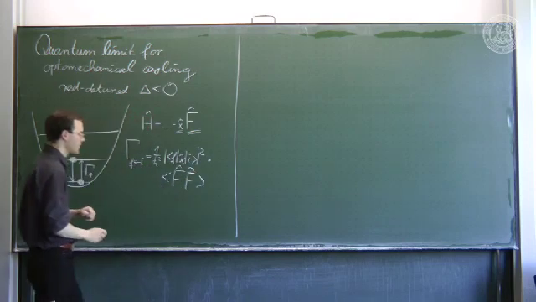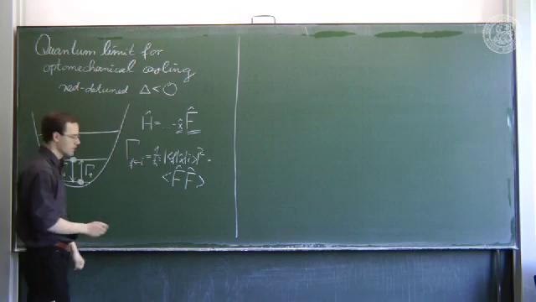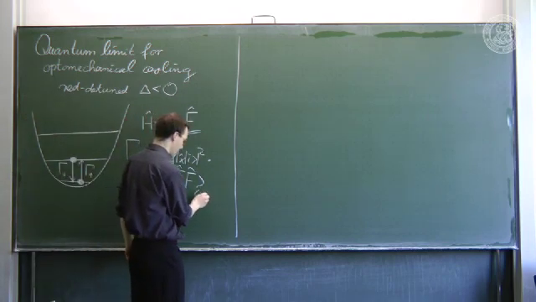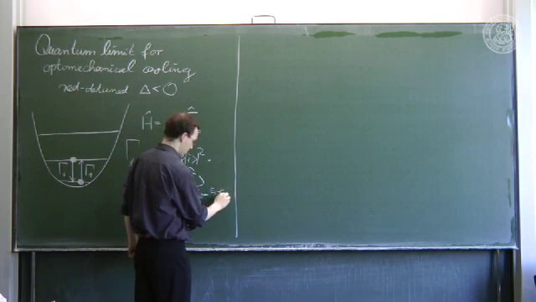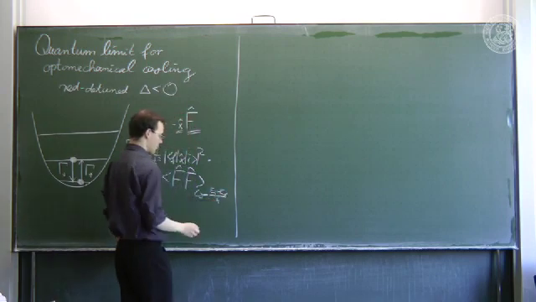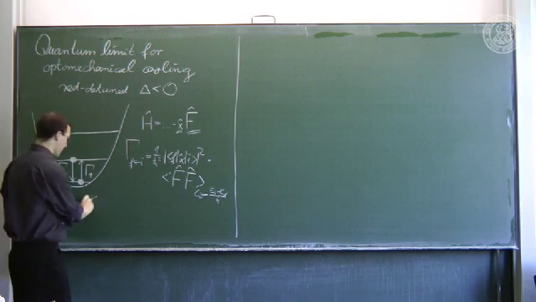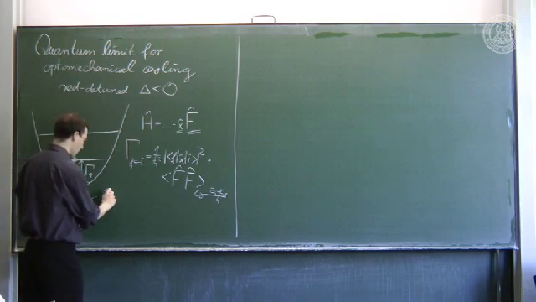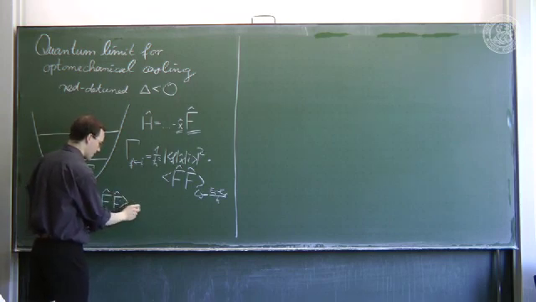And I should evaluate the spectrum at a frequency given by the difference in energies. So again, this is a very, very useful formula. That formula is general, and the spectrum, just to remind you, was defined as the Fourier transform of the correlator.